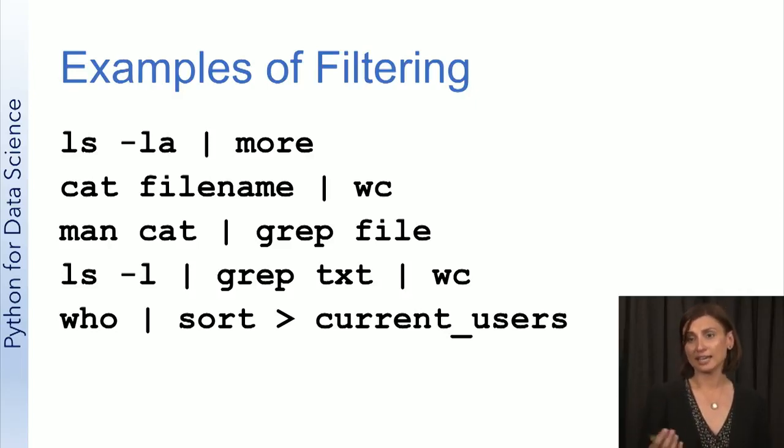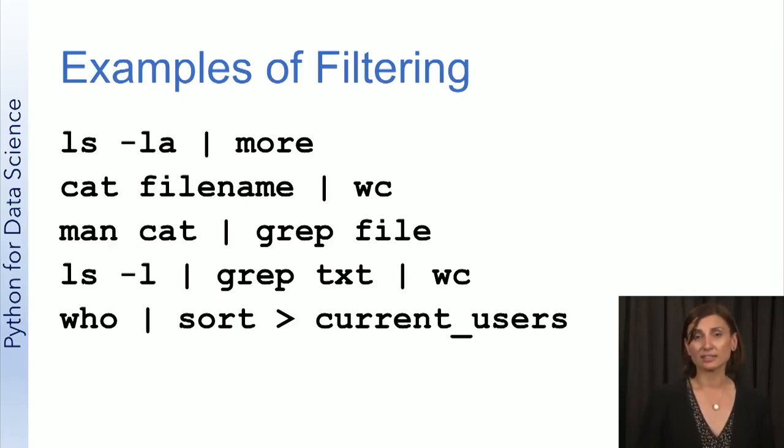And our last one nicely combines redirection and the pipes. So we here see who piped into sort. who will give you who is logged in to your Unix system at that time. The sort command will sort that alphabetically and write that into a file called current users.